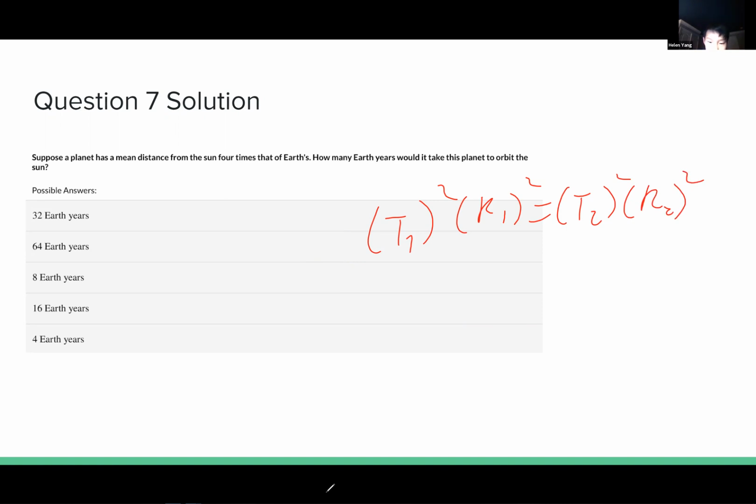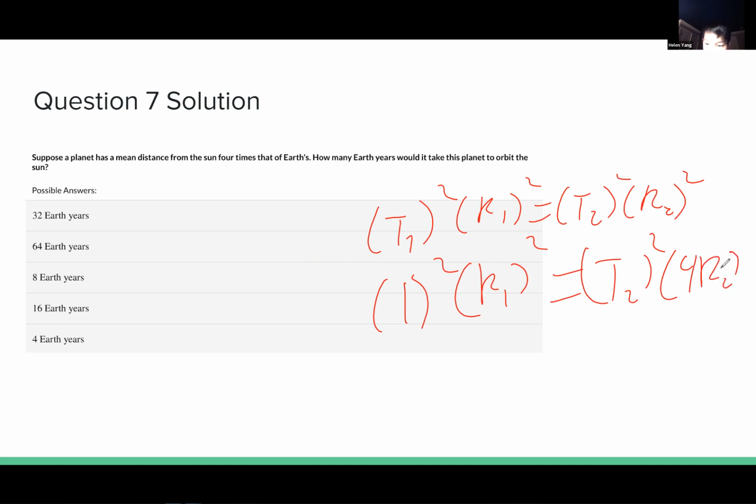So t1, let's say, is 1 year, and the radius, that equals t2 squared times 4 r2, squared. So you're trying to find t squared, which would be r squared over... wait a second.